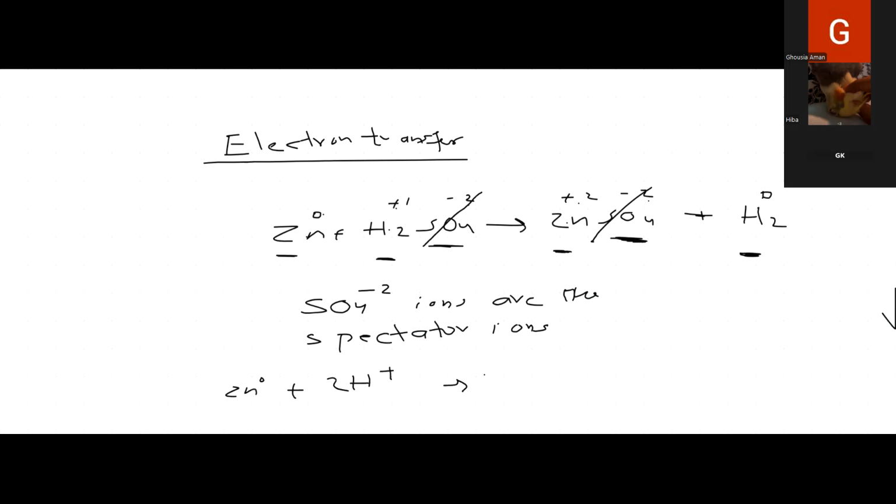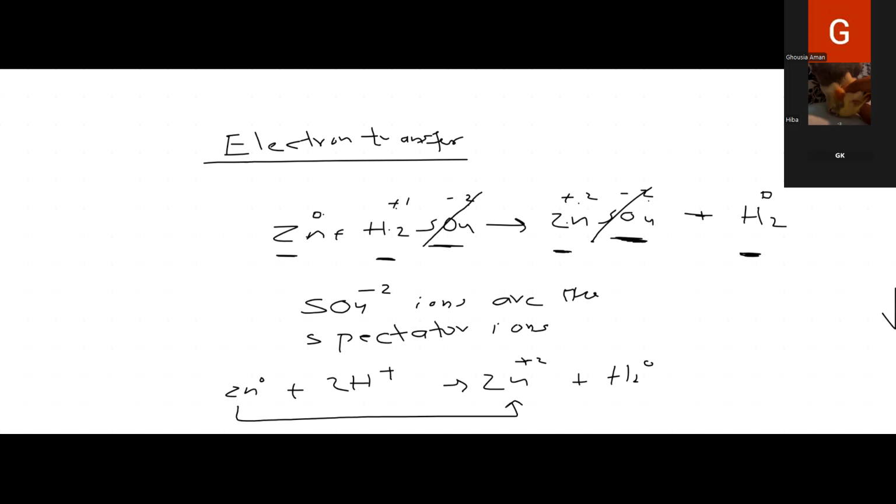Now if you see, before the reaction it is zinc with 0 charge, and after it has become zinc plus 2 charge. When a positive charge appears, it means loss of electrons is taking place. Oxidation is the loss of electrons, OIL. And reduction is the gain of electrons, RIG.